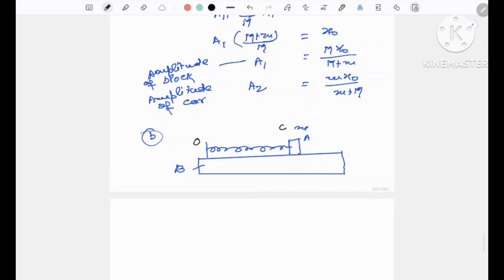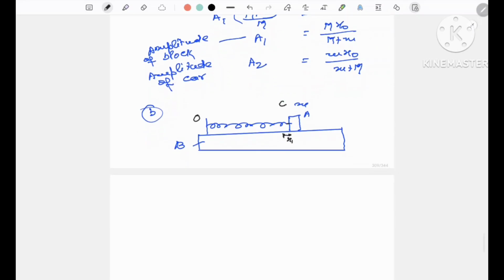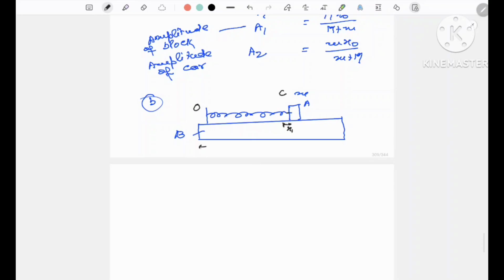Now this block moves x1, and this B block moves x2.